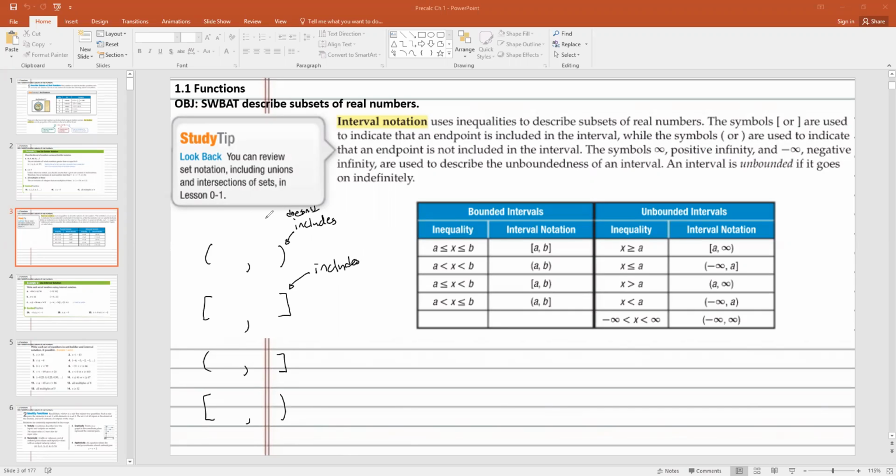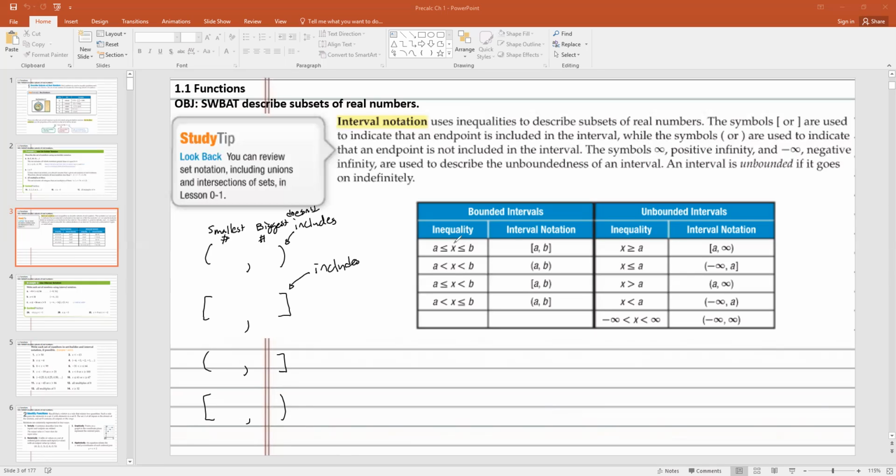So in interval notation, you have the smallest number it could be to the biggest number. So smallest, comma, biggest. And they give some examples there, or the general form.